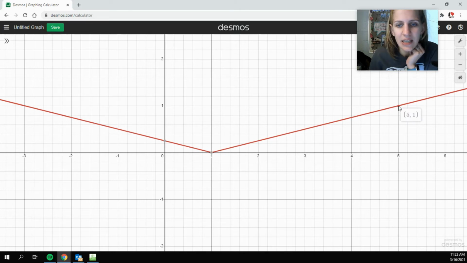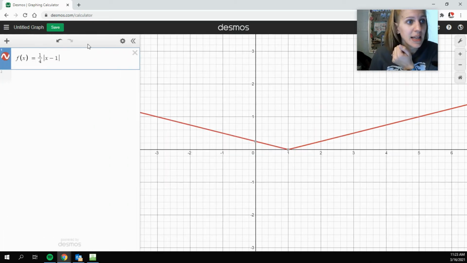So if I count rise, run, like we were doing last chapter, from this point to this nice crosshair point, I have to go up 1 and then over 1, 2, 3, 4. So up 1 over 4 is the slope of 1/4, and now you can see that that is exactly what my equation was, 1/4 in the front, and then 1, 0. So just so that you can kind of see it on a graph.